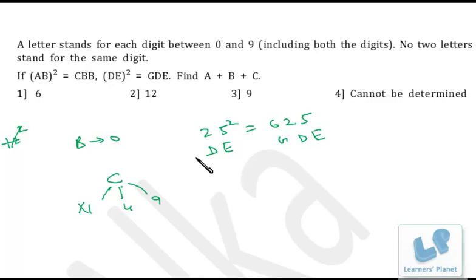And if A is 2, 2 is already assigned to D. So even this is not correct. That means C has to be 9. And that means A has to be 3, right? So it is 3 plus C is 9 and B is 0. So 9 plus 3, 12. Okay, a very simple knowledge of numbers has been used over here. I hope you are clear.